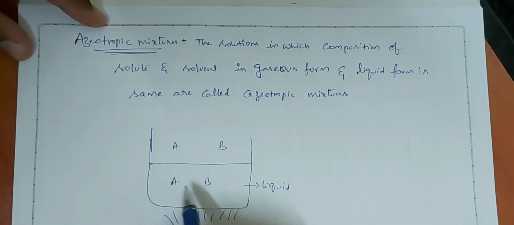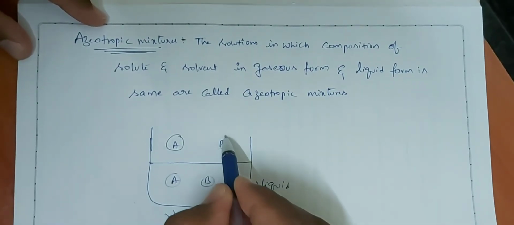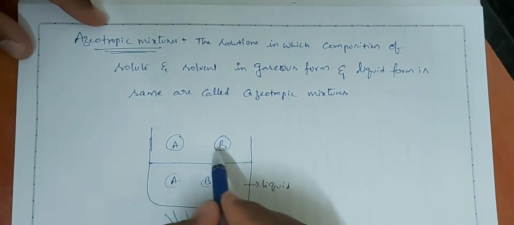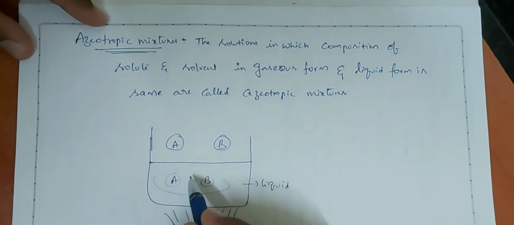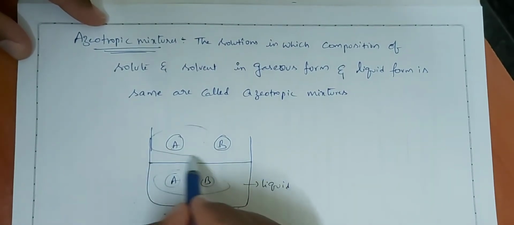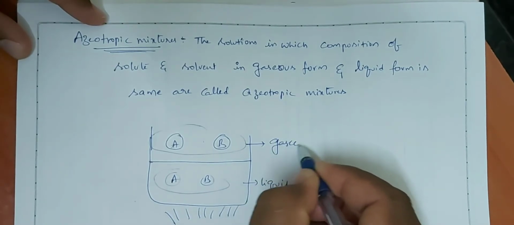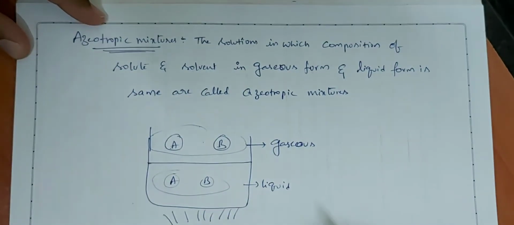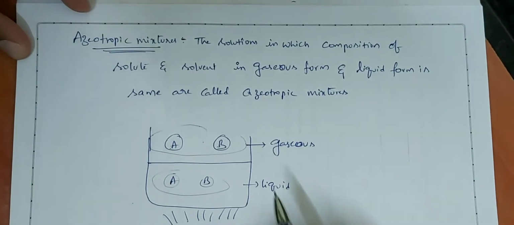In liquid form, what is the composition of A and B? Like that, in gaseous form also both A and B will be present, almost equal composition. This type of solutions are called azeotropic mixtures.